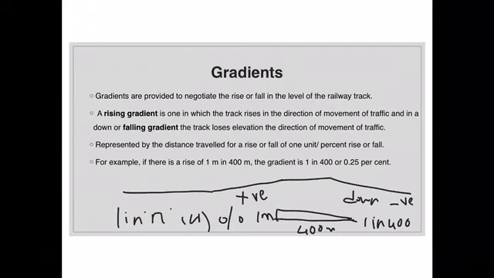Or that can also be expressed in terms of percentage. When you take the percentage, the vertical is 1, horizontal is 400, so 1 divided by 400 times 100 is equal to 0.25%. Hence the grades can be represented either in terms of 1 in n or in terms of percentage.